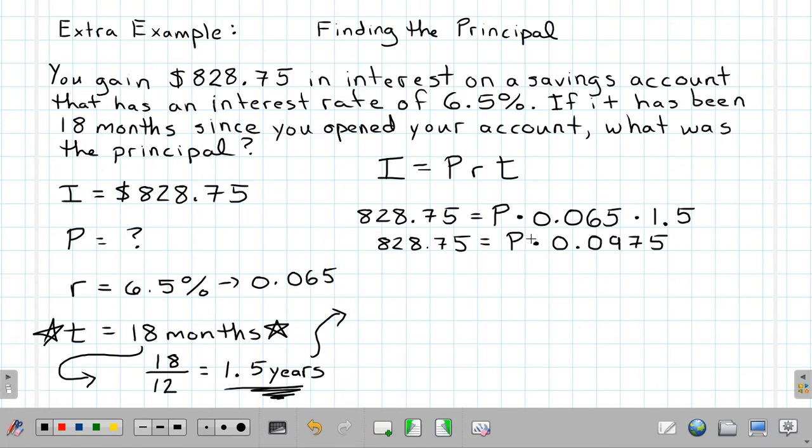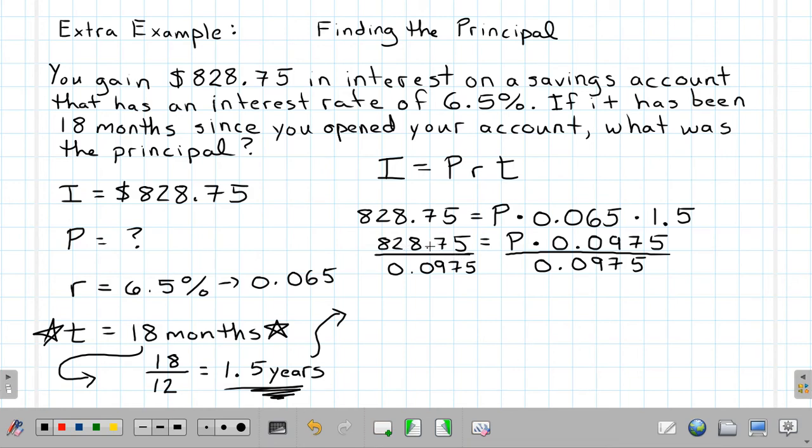But once again, we're looking for P. What are we doing to P? We're multiplying it times 0.0975, so we need to divide by 0.0975, and we need to do that on both sides. That's nothing I would imagine anybody could do in their head, but it's actually a nice calculation.